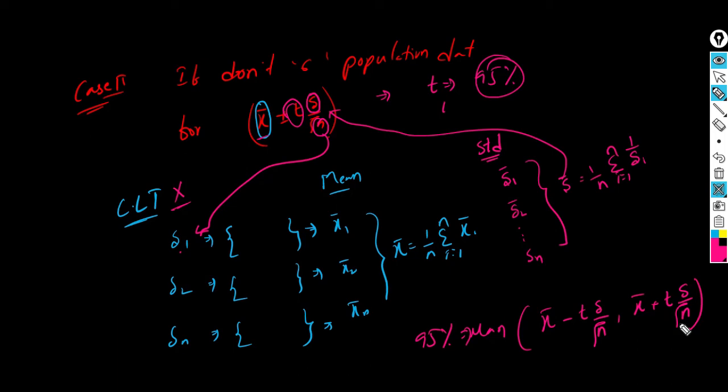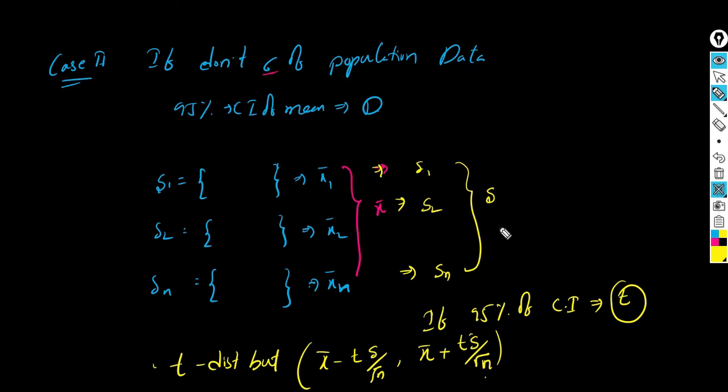Now let us see how to find the confidence interval for the median, or anything like variance, standard deviation, other than the mean. For anything, we can use another technique, the bootstrap approach.